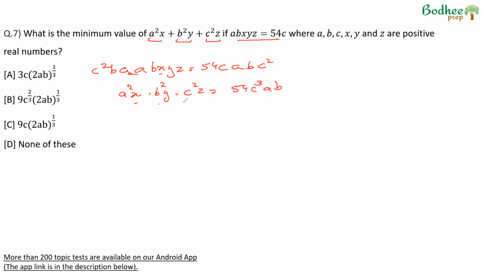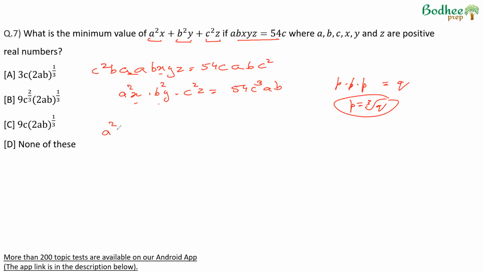If I want the sum of these three terms to be minimum, in the product, these three terms have to be the same. So if I say p into p into p is equal to q, all of them are equal, so p will be nothing but cube root of q. And therefore each of these terms will be the cube root of this number.